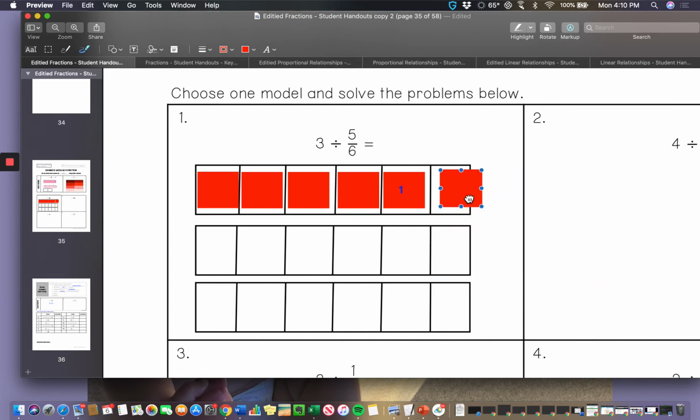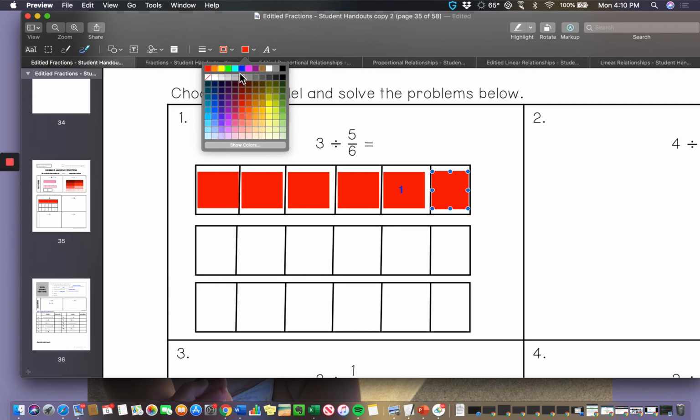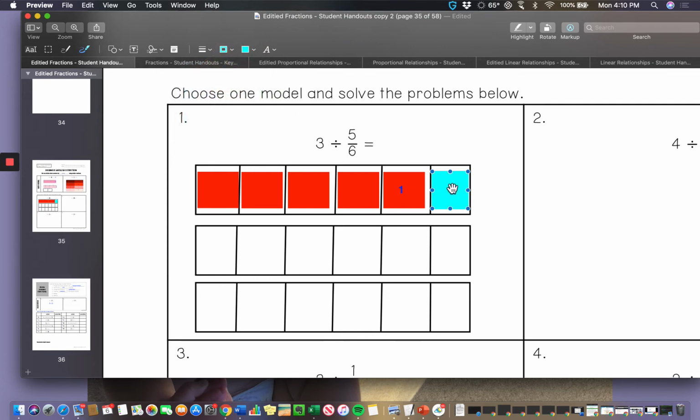I guess this time I'm going to use, let's see what kind of colors we have here. Let's use this turquoise here. That looks like a nice color. Alright, so here's going to be my second set. So 1, 2, 3, 4, 5. That was a set of 5, 6. So now I need another set of 5. So 1, 2, 3, 4, 5.